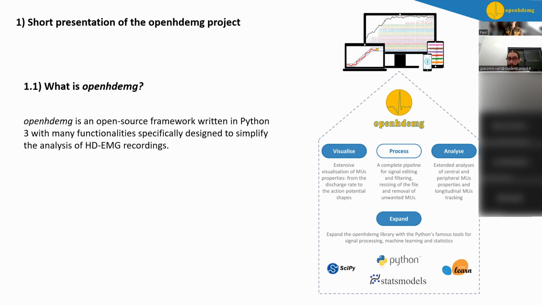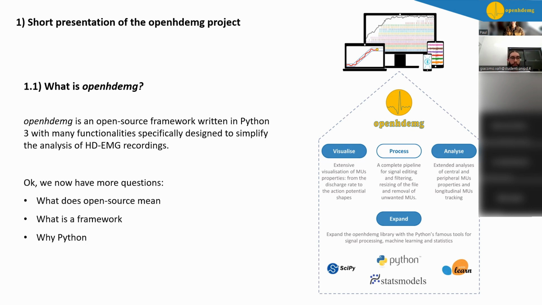Being all this in the Python ecosystem, we can also expand the already existing functions with the various Python libraries that allow you to do statistics, plotting, signal processing, and so on. But I think this presentation may have raised a few questions.